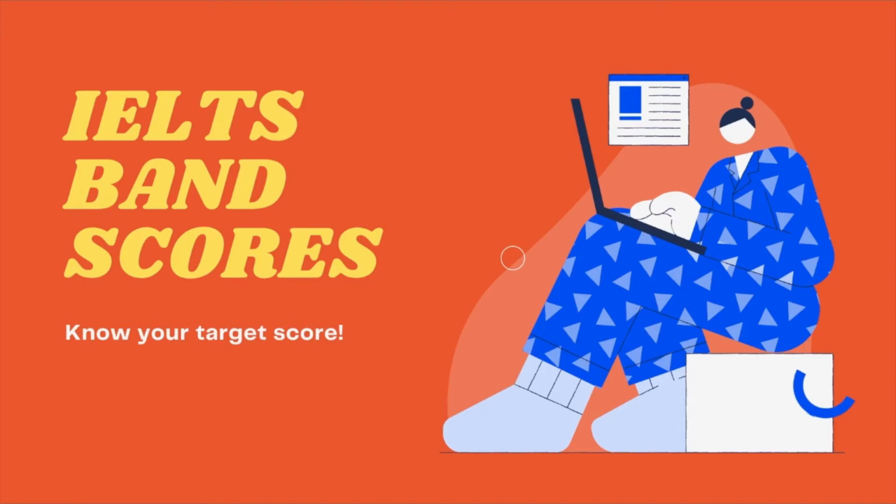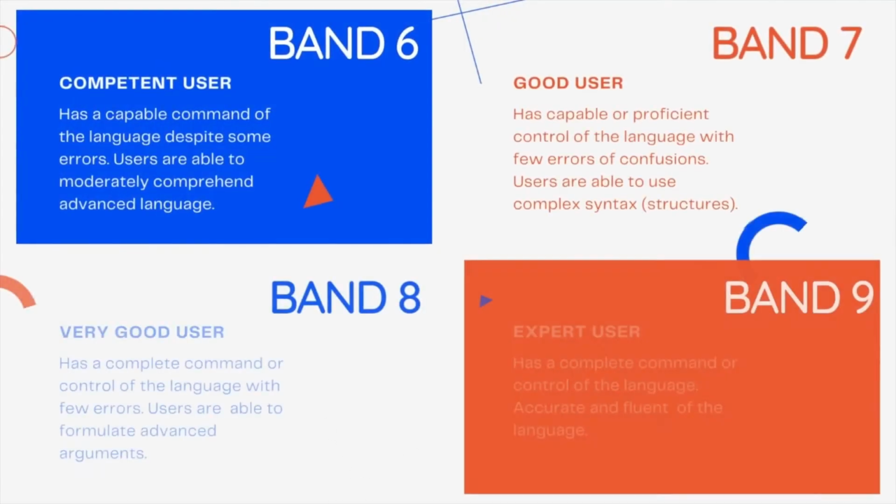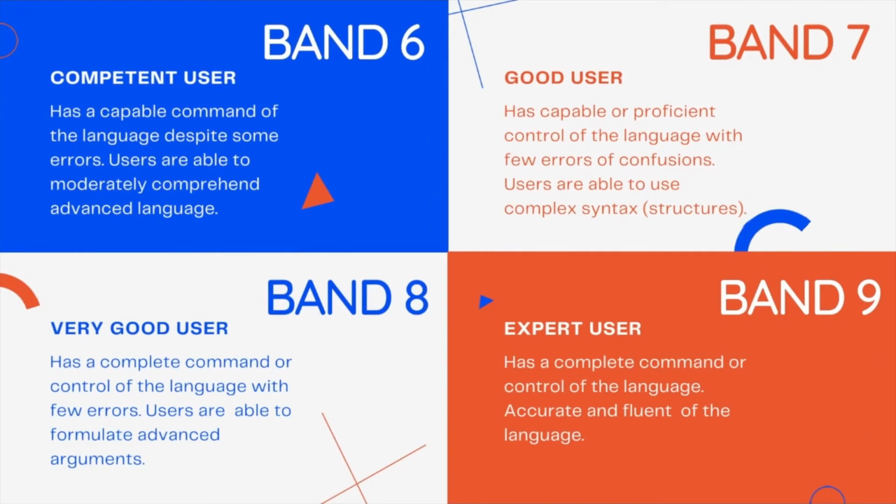Let us take a look at the band scores and their descriptions. We're only focusing on band scores 6, 7, 8, and 9. A band score 6 user has generally effective command or control of the language despite some inaccuracies. Users are able to comprehend moderately advanced language.